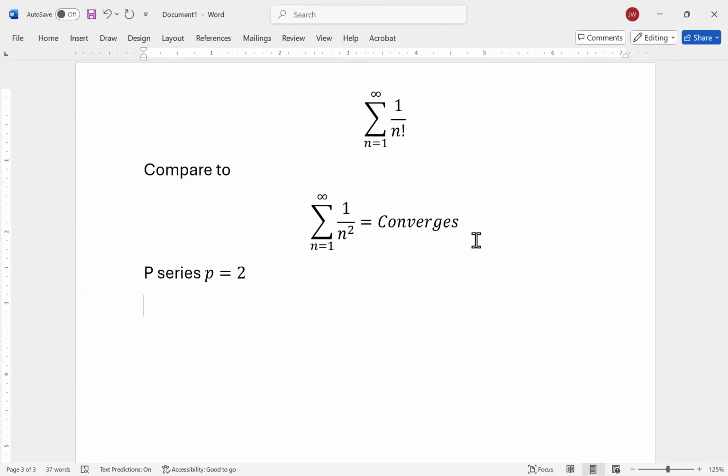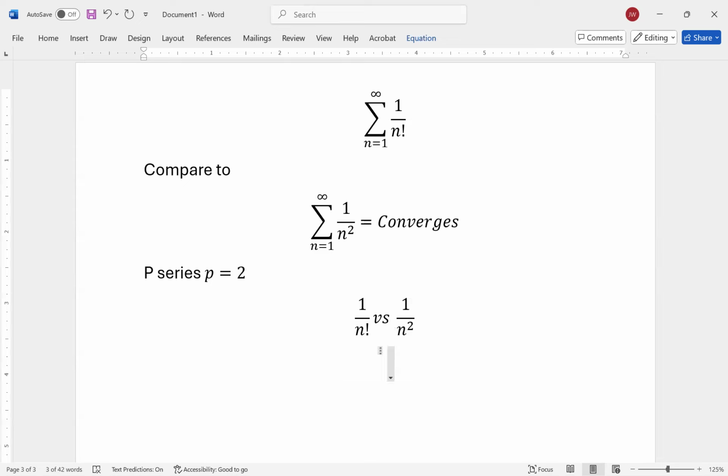Now let's compare the terms. 1 over n factorial versus 1 over n squared. Now, if I don't see what the comparison is yet, I can always just cross multiply.